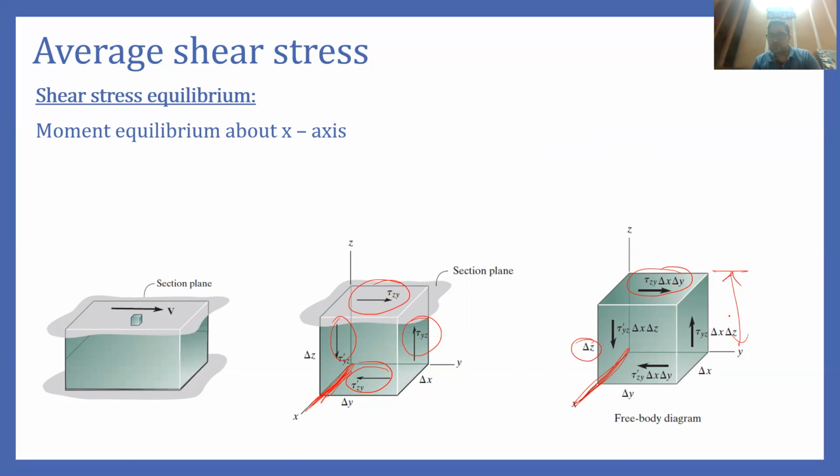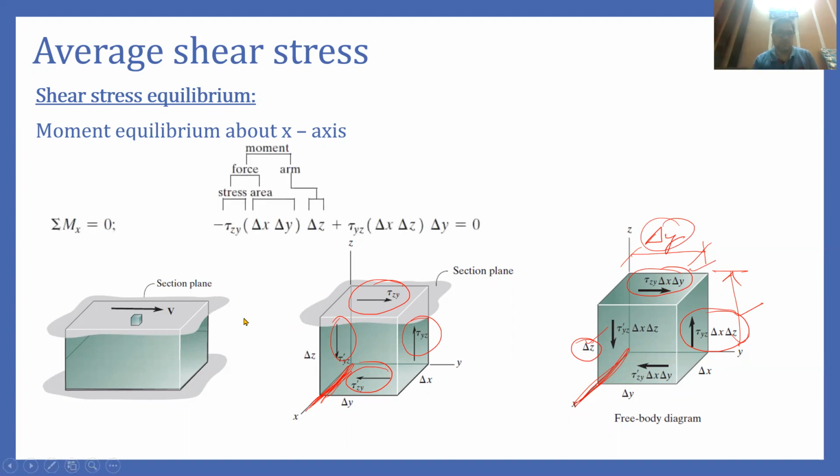Similarly, for the moment of this force about the z-axis, this force is multiplied by the distance delta y. So this force is multiplied by delta y and this force by delta z. Applying this equation, we take the summation of moment about the x-axis.